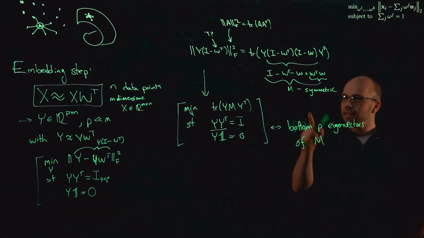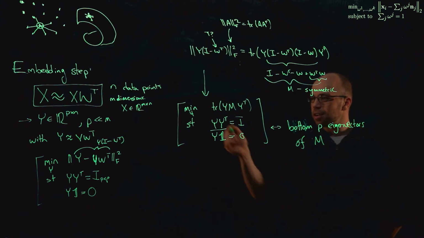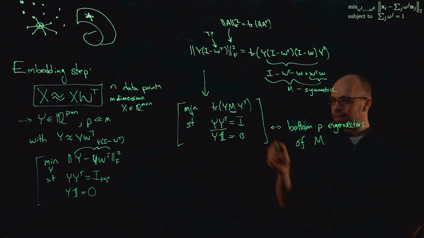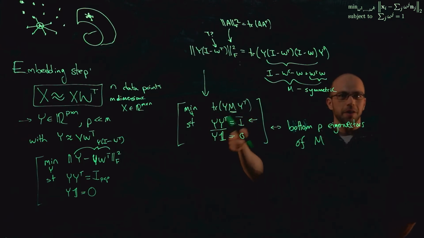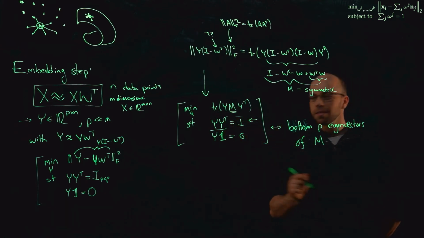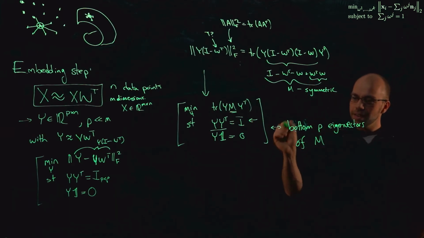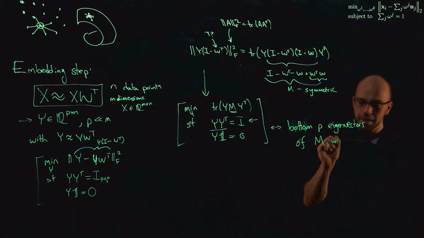Notice that because M is symmetric, assuming that there are no repeated eigenvalues, which generically is going to be true, the eigenvectors of M already satisfy the first constraint, because eigenvectors are orthogonal when they correspond to different eigenvalues. And we can take care of the second one by making sure that it's the bottom P eigenvectors of M, with non-zero eigenvalue.